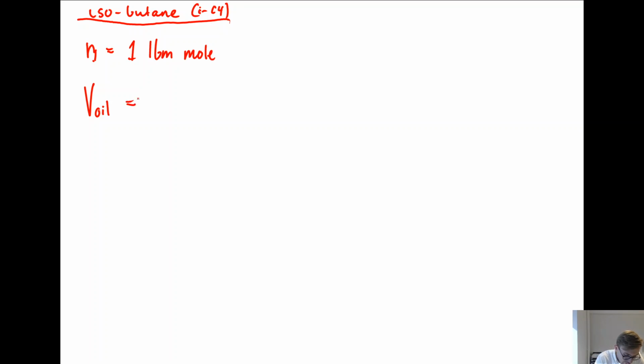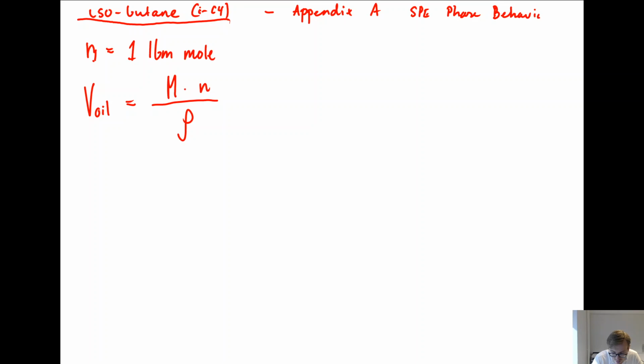Then we know that the formula for this is simply the molecular weight of isobutane times the number of moles times the density. The reference that we can use just to get these properties for isobutane is Appendix A in the SPE phase behavior monograph by Whitson and Brulé.